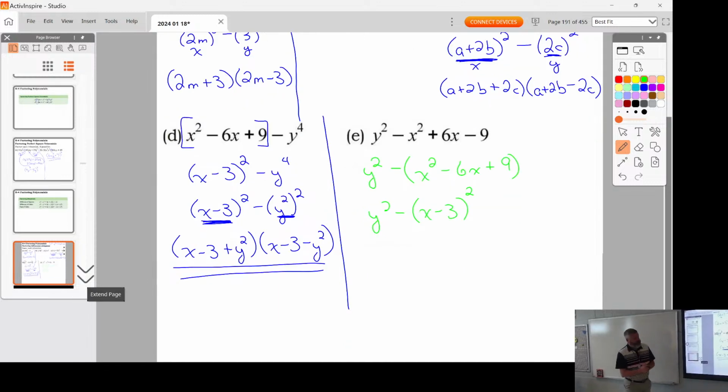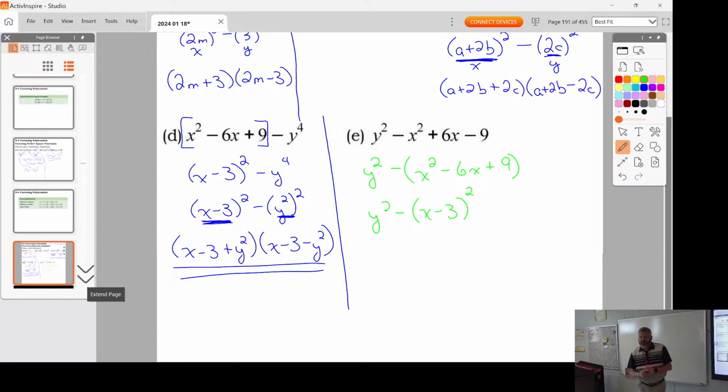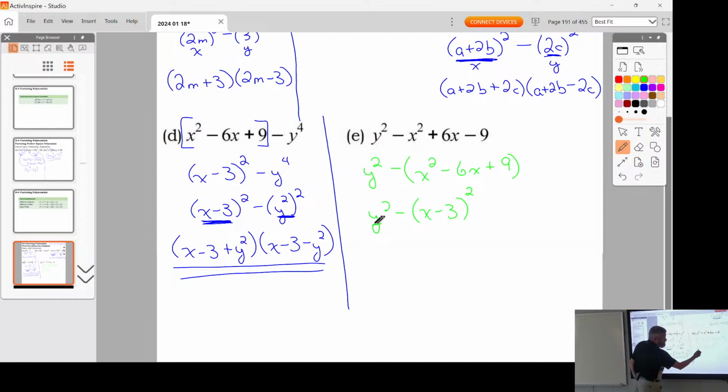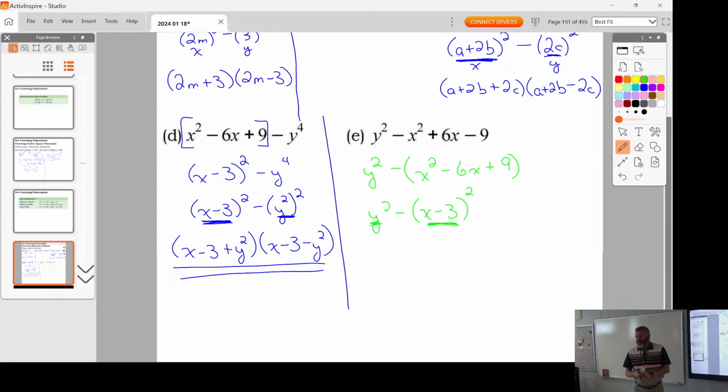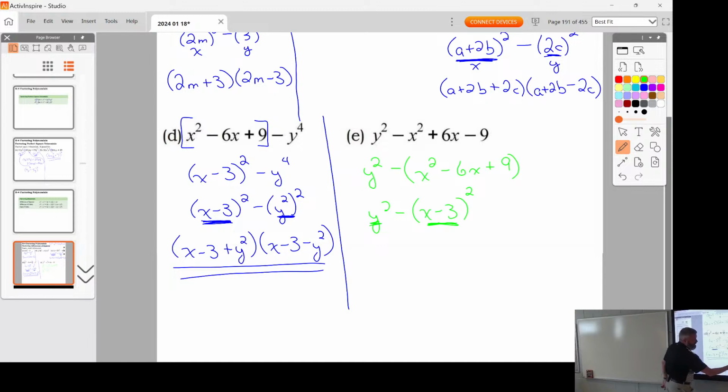Okay. Looks like a difference of squares to me. I've got this guy, and I've got this guy. And those are my pieces. But pay attention to your signs. This is very important. Okay. What's the answer going to be?